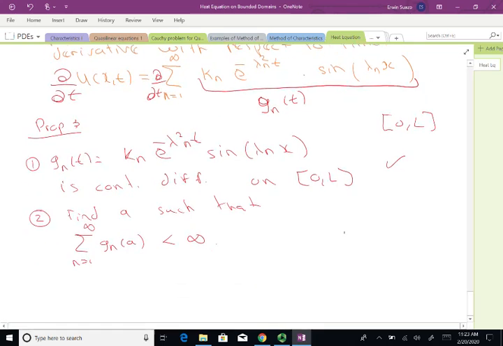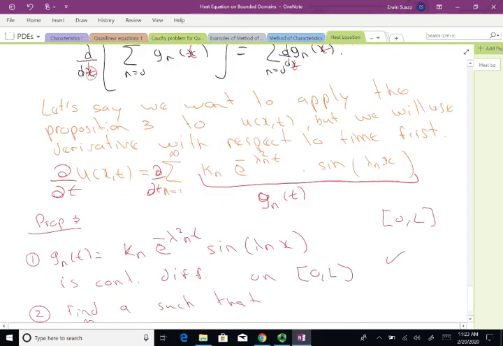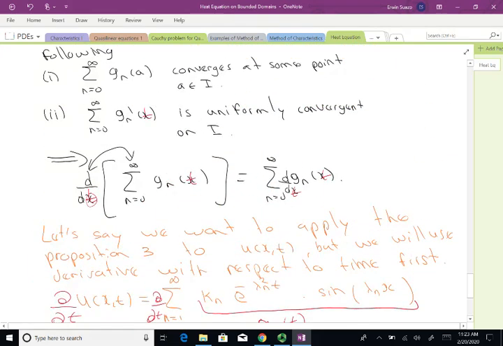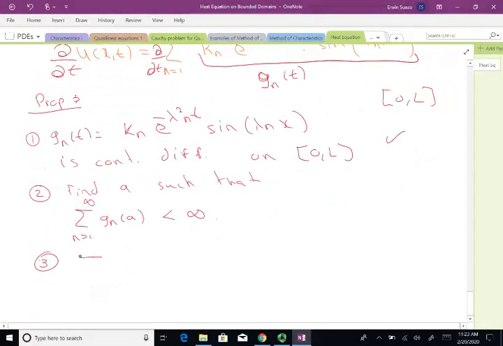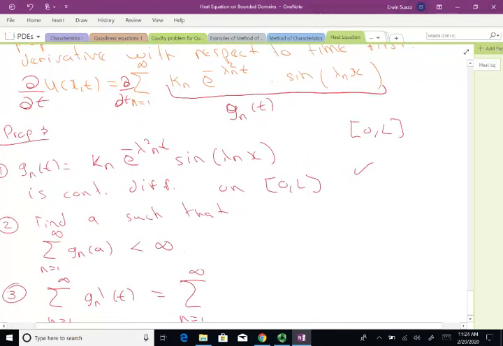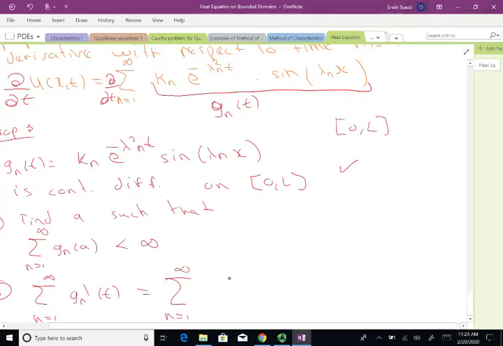Okay, and part 3, we need to prove that this sum is uniformly convergent. So the sum of the derivatives, Gn prime of t, that is what? The derivative of this is minus lambda n squared Kn e to the minus lambda n squared t sine lambda n x.